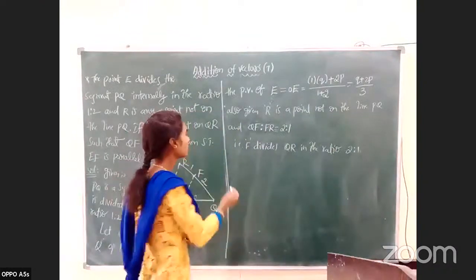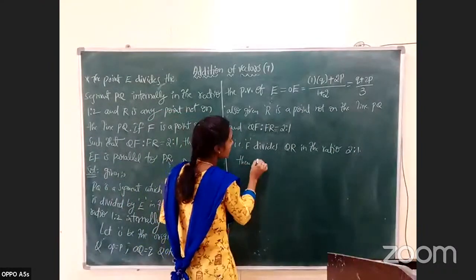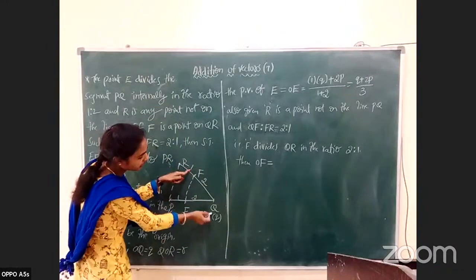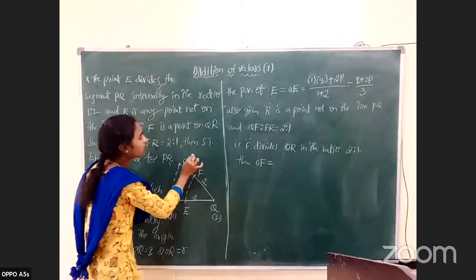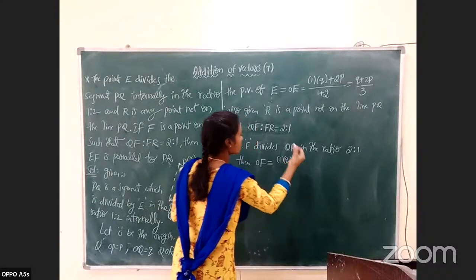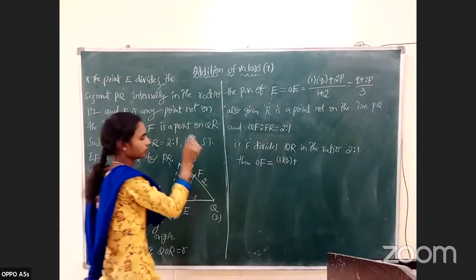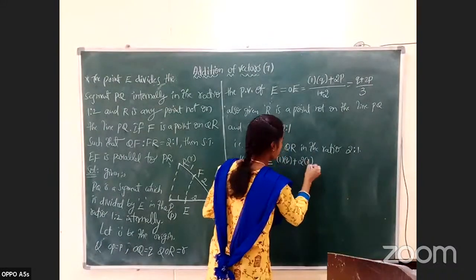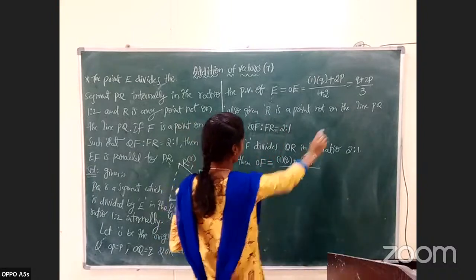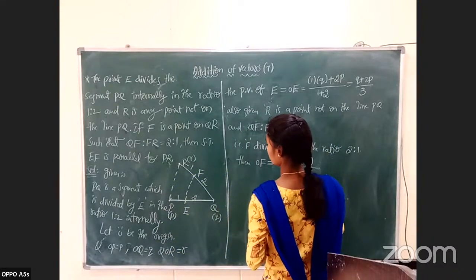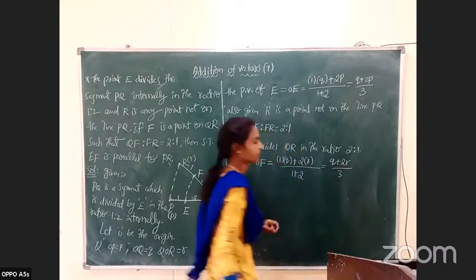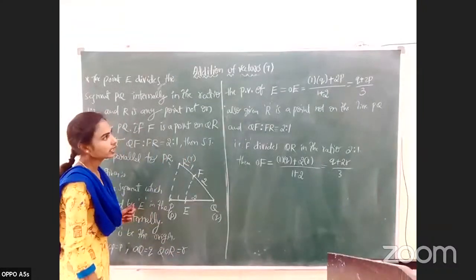Then the position vector OF is equal to what? 1 into the position vector of Q plus 2 into the position vector of R, by 1 plus 2. So that implies (q plus 2r) by 3. So here we get OE and OF.